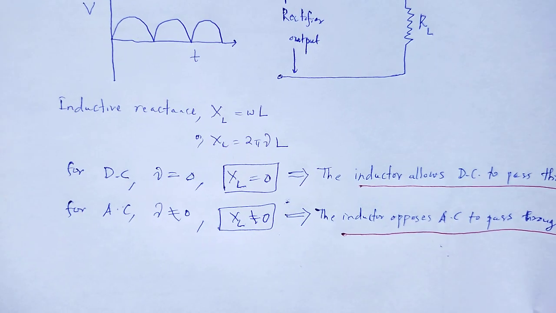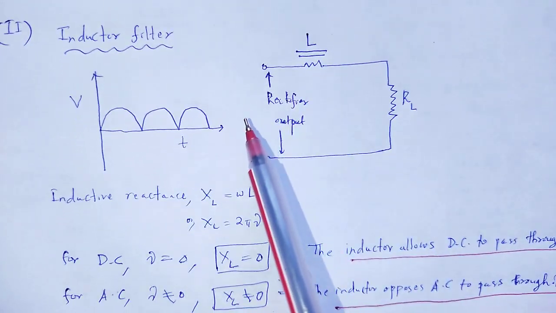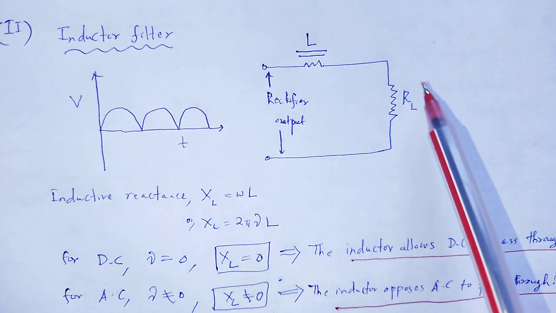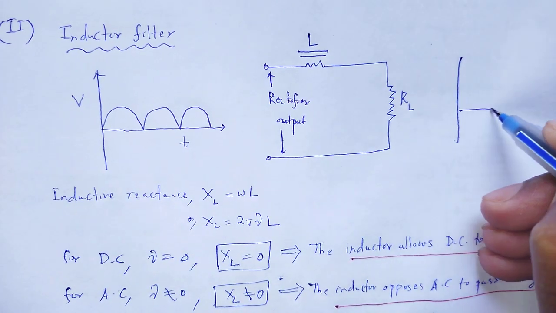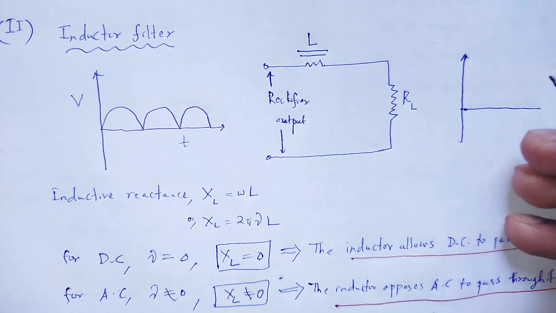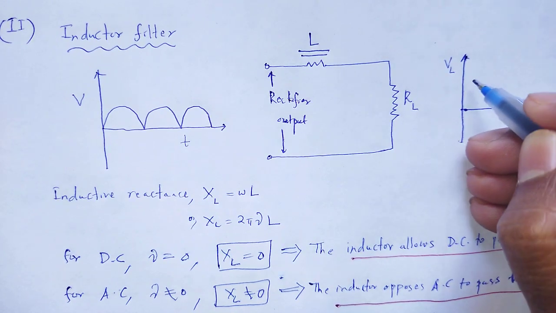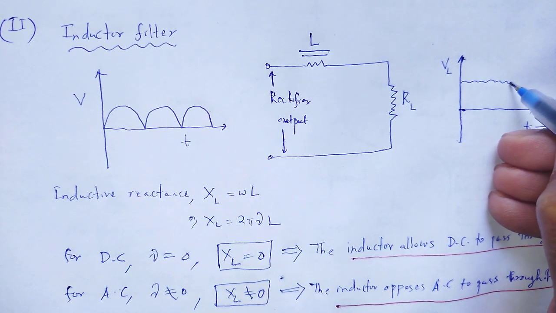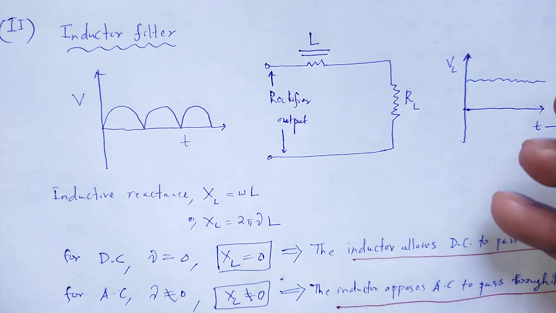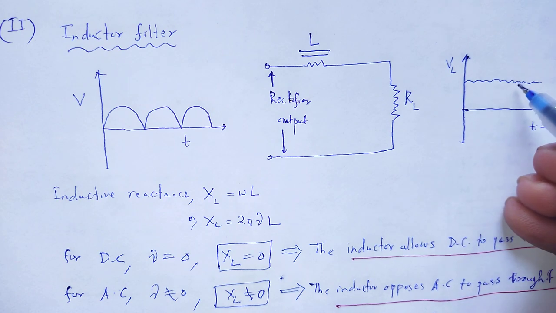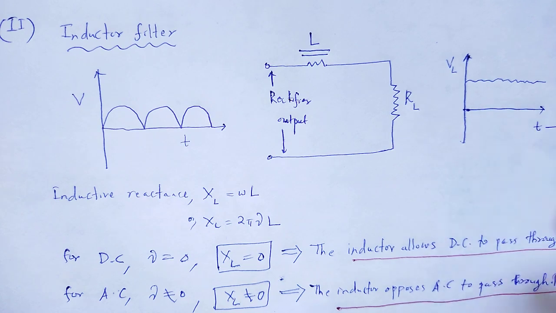As a result, the inductor acts as a filter, and finally at the output we obtain a voltage just like this. Some minor amount of pulsating DC, some minor component of AC is also present.